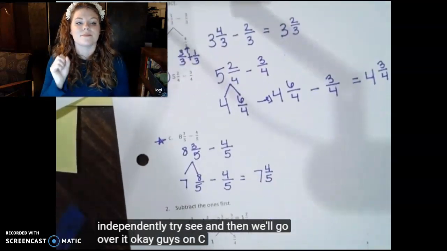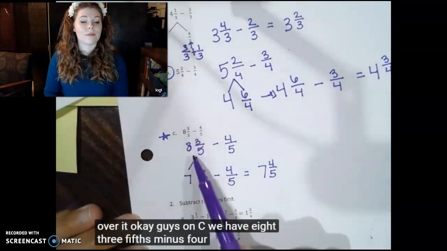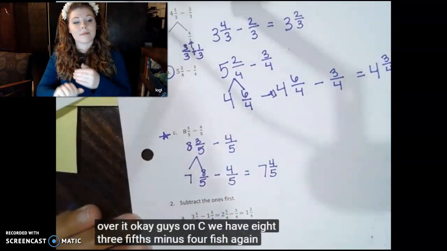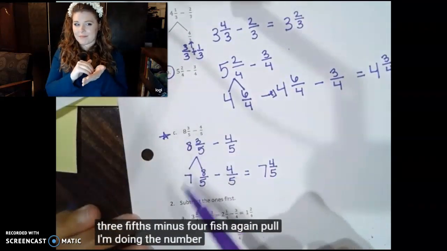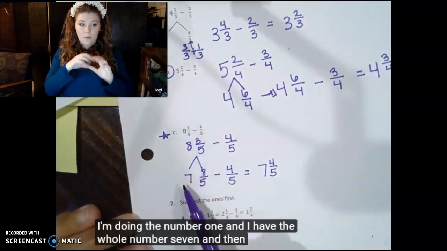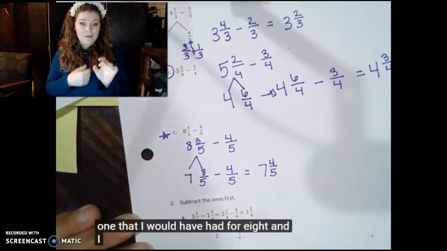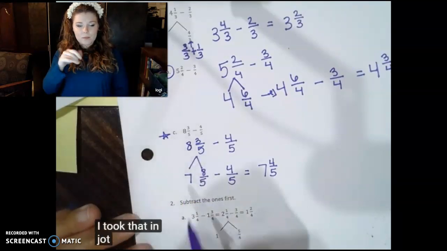Okay, guys, on C, we have 8 3/5 minus 4/5. Again, I'm doing a number bond, and I have the whole number 7, and then I took the 1 that I would have had for 8, and remember, I'm going to jot it down here.